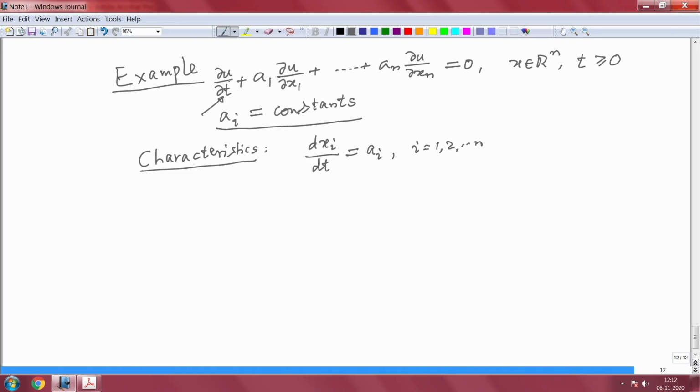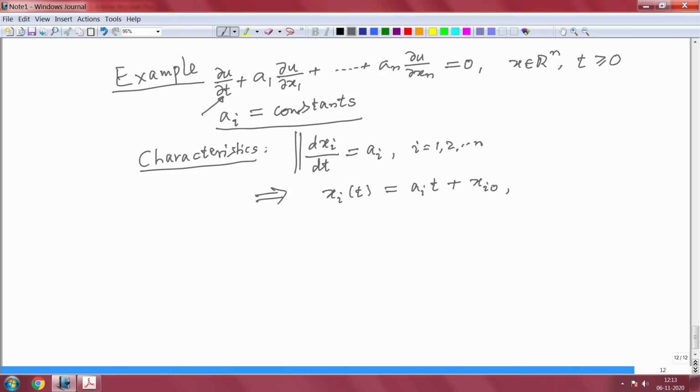So, dt by dt equal to 1. And you easily check that t equal to 0. So, these are again straight lines even in n dimensions. It is difficult to draw the picture here. So, the solutions immediately we see that x i of t is equal to a i t plus x i 0.